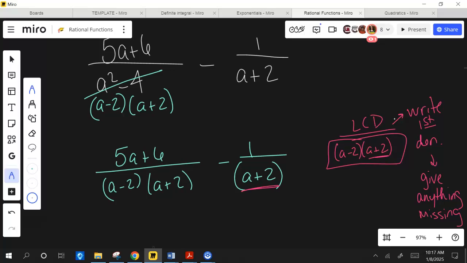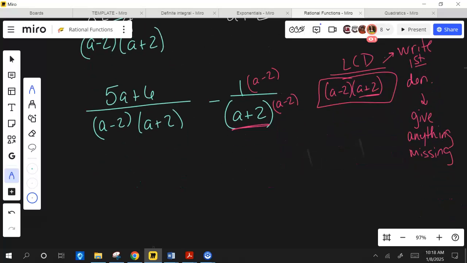If there was a third fraction, I'd look at that and I'd say, is it completely included in my LCD already? So now I'm going to force my LCD. This first one's good. What's the second one missing? The a minus 2. So I need to give it an a minus 2. With these subtractions, be very careful about these parentheses, okay?